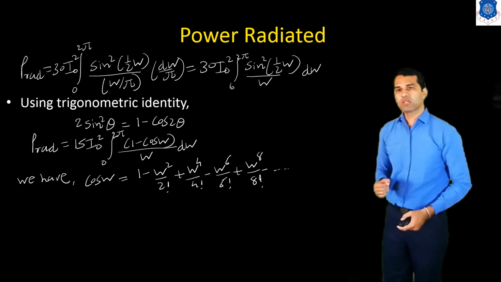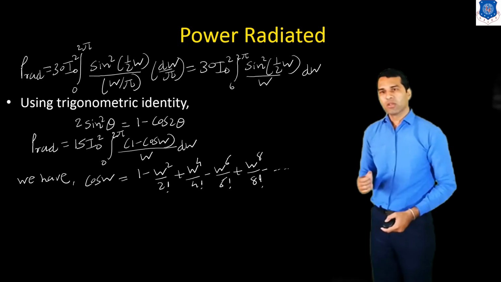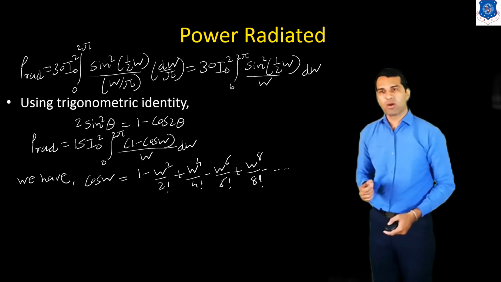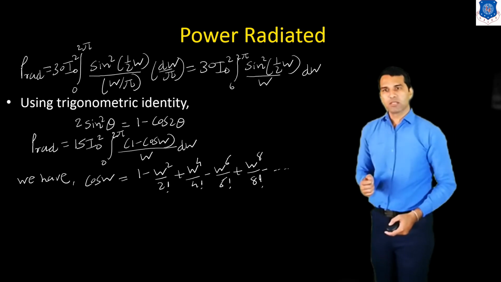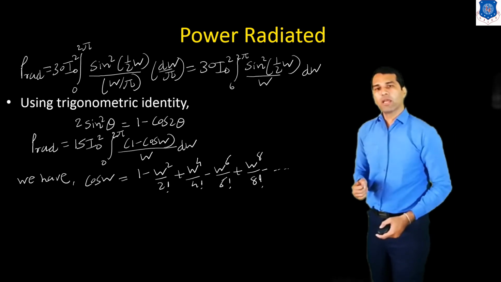So we have cos w is equal to 1 minus w square upon 2 factorial plus w4 upon 4 factorial minus w6 upon 6 factorial plus w8 upon 8 factorial.